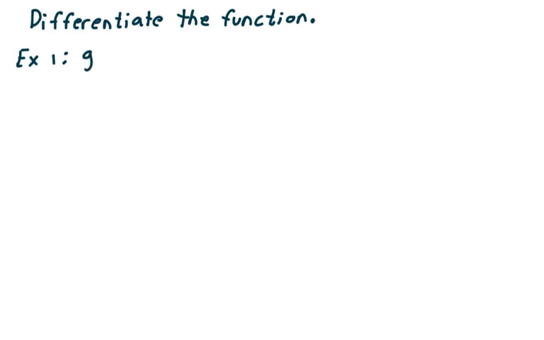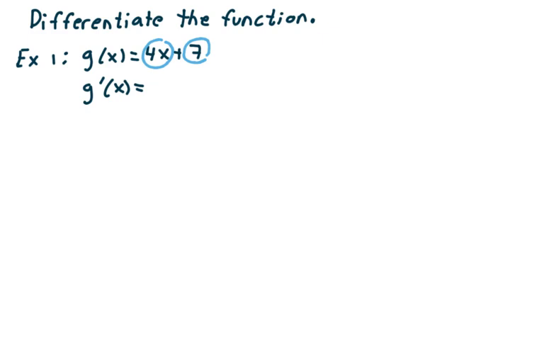Suppose I'm given g of x equals 4x plus 7, and I want to find the derivative of g of x. I'm going to take the derivative of 4x, and I'm going to take the derivative of 7, and then I'm going to add those results.